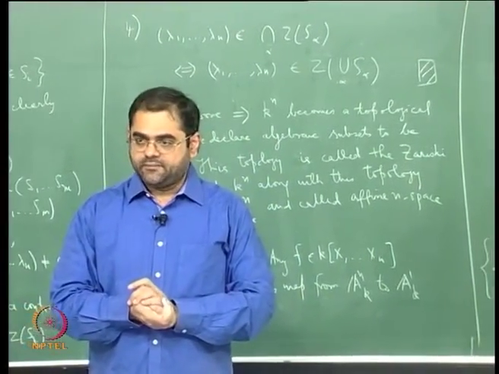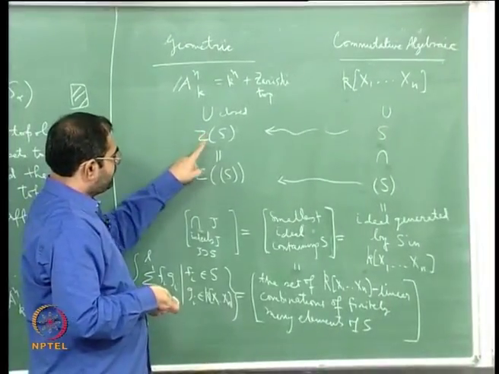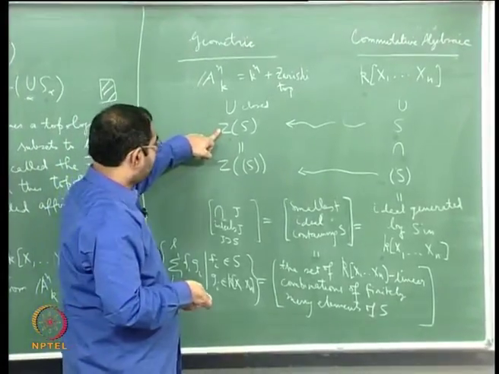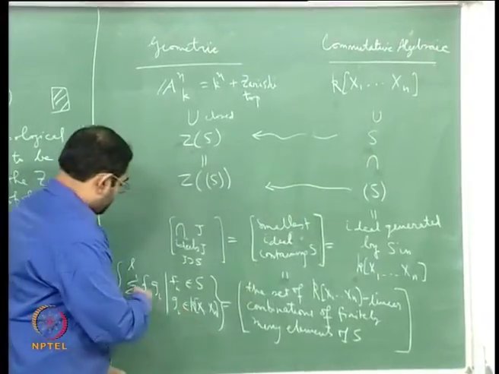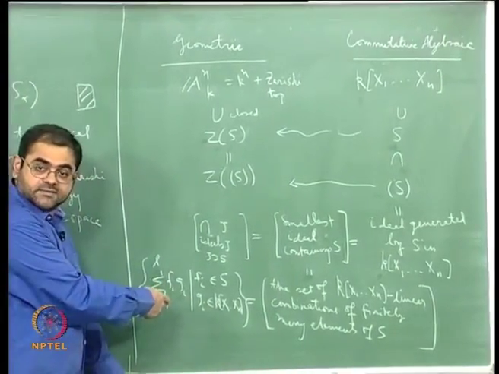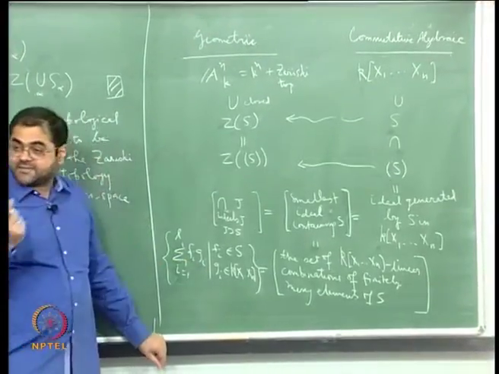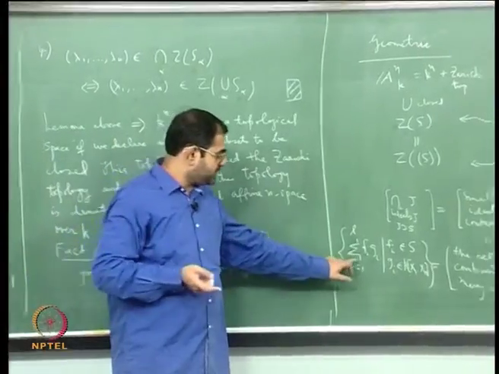That's the beautiful point. See, if there is a point here, then it is a common zero of every polynomial in S. Therefore if you take any combination like this, it will also be a zero of that, because every term contains a factor from S and there are only finitely many terms and every term looks like this.